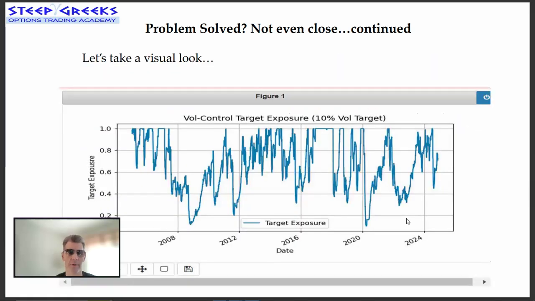So here's an example. Here's vol control programs. This goes back to, I think, 2006. They're always exposed right before markets go south. Now, they could be right for a long period of time because trends occur, but they're systematically fully exposed at the top and minimally exposed at the bottom.